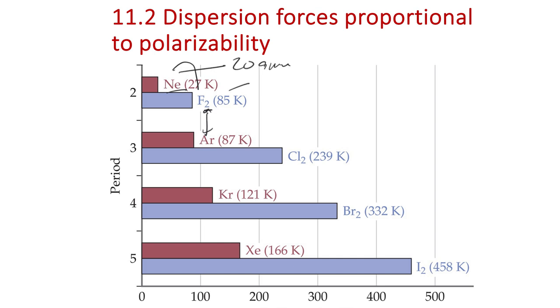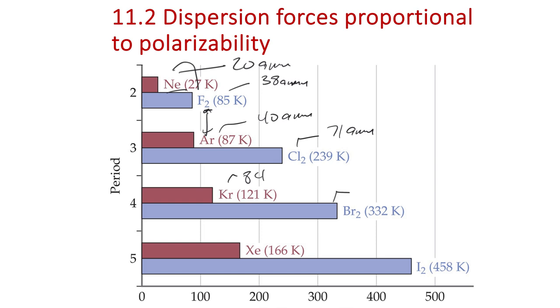So let's write in some AMUs here for the average atomic weights. F2 is about 2 times 19, so that's 38 AMU. Argon's about 40 AMU. Cl2 is about 71 AMU, it's 34.5 times 2. Krypton, I think, is 84 AMU.